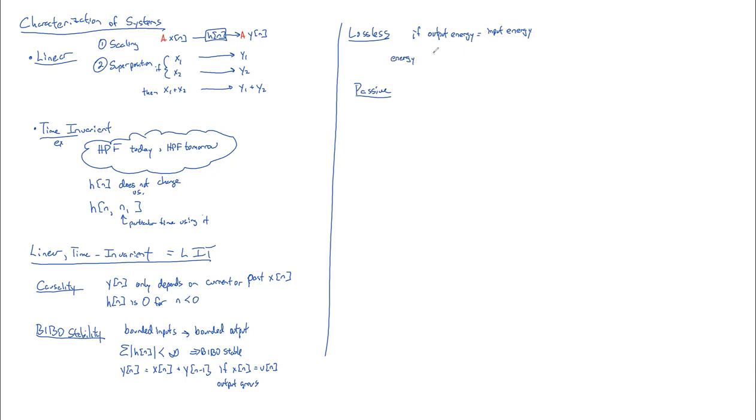The energy of a signal is equal to the sum over all space of the absolute value squared of your signal. And then passive is the exact same thing. It's just if your output energy is less than or equal to your input energy, then it's passive. And that's it.